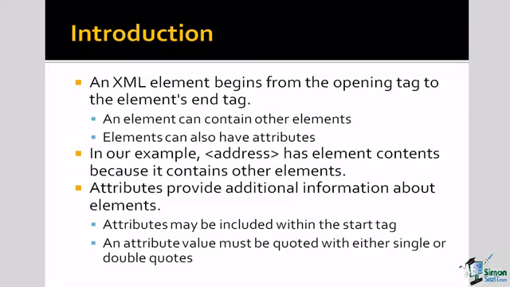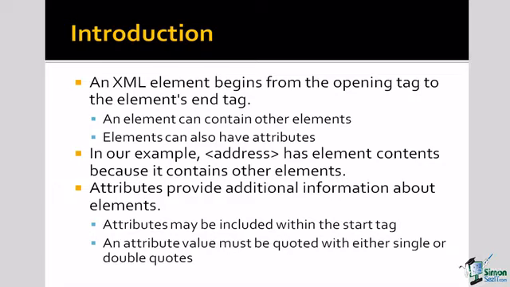So by definition, an XML element begins at the opening tag and ends with the closing tag. As we've said, an element may contain other elements, but an element may also have an attribute or attributes.